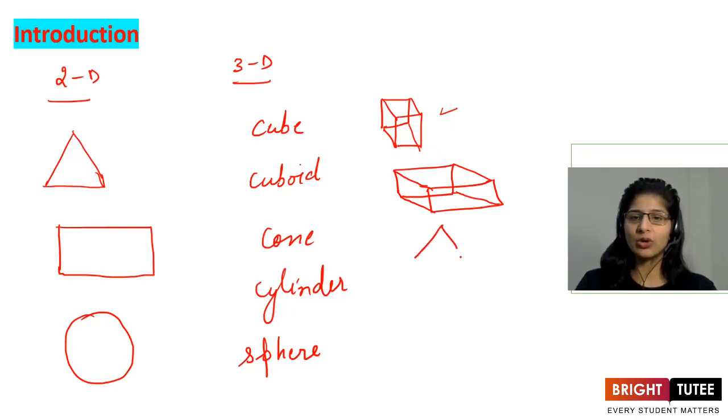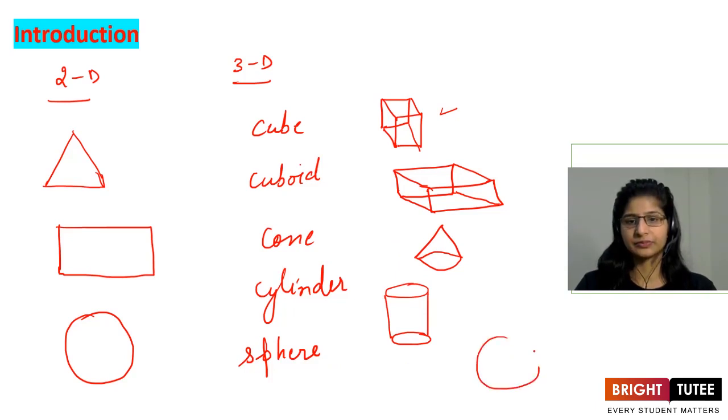You have done cone also, which has a circular end and is conical. Cylinder also, like this you used to draw. And then a sphere, which is a solid one. So like this we have 2D and 3D figures. This is what we have done in our earlier classes.